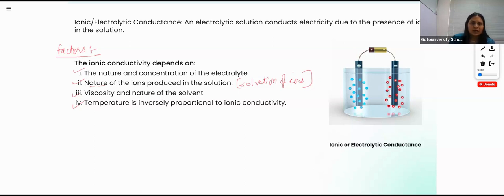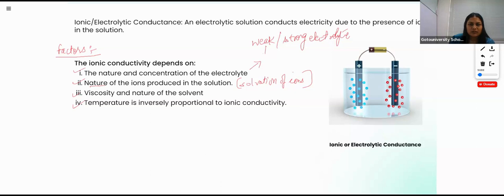So how does the ionic conductivity depend on the nature and concentration of ions? There are two types of electrolyte, weak and strong electrolyte, that you must have studied in grade 11.